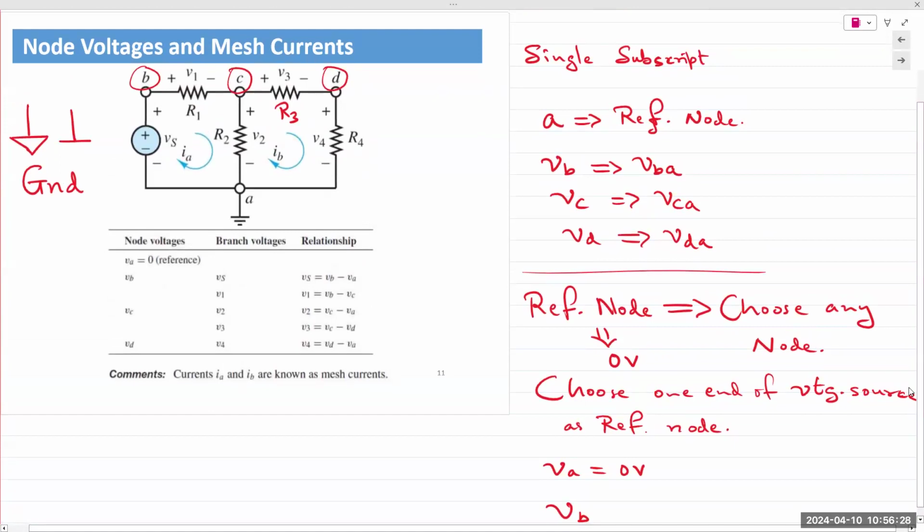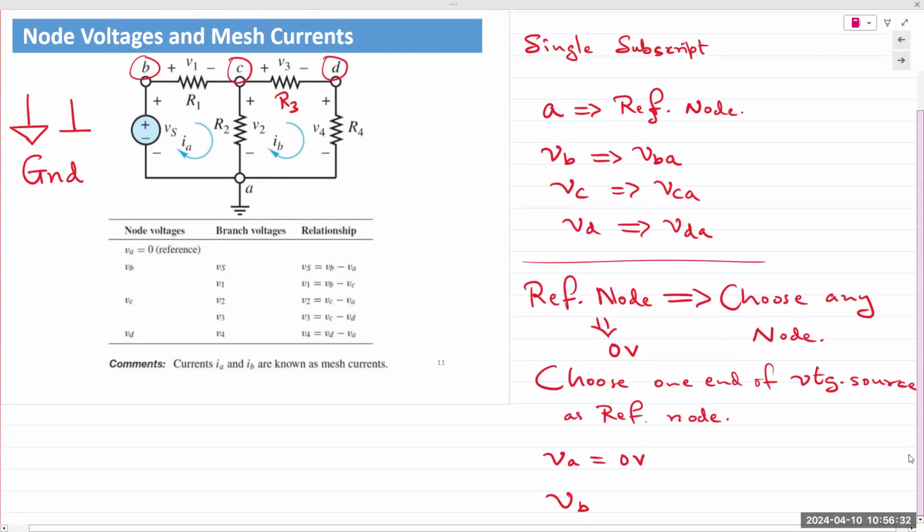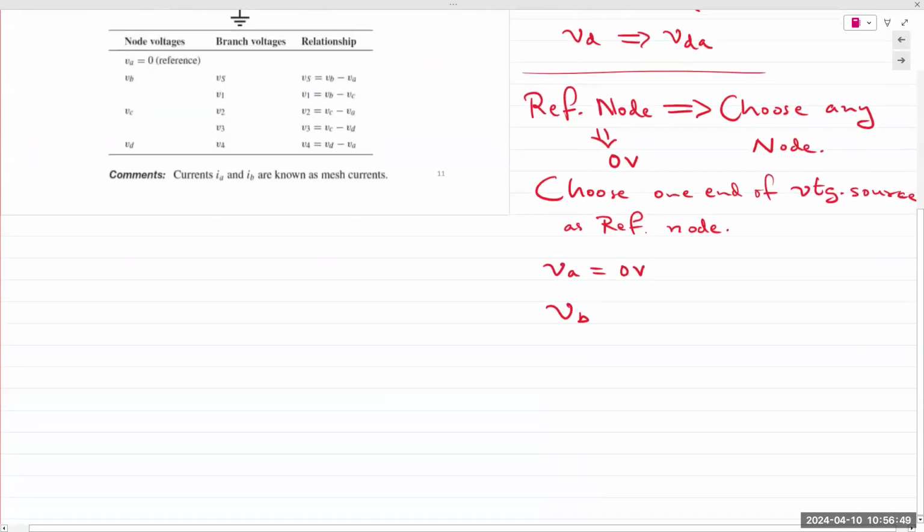Node B. Node B measured with reference to A would be VBA, measured from A to B. What is my answer? You automatically knocked out 2 of the 4 unknown variables. So VB would be equal to VS.